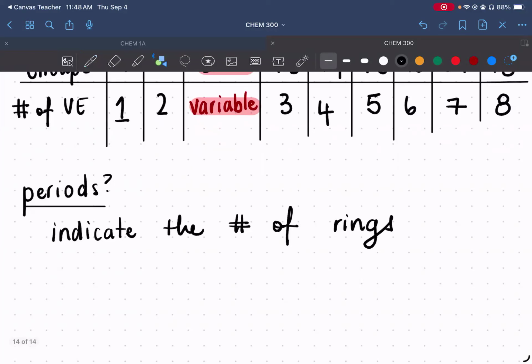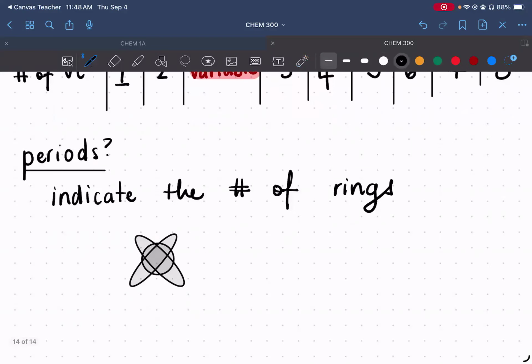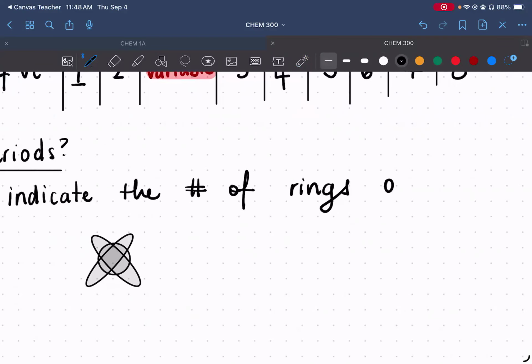We talked a little bit about how we can liken an atom to a planetary being where there's this nucleus, the planet, and there are rings surrounding the planet, orbiting around it. It is on these rings that the electrons are found. They're consistently circling around the planet. As we add more electrons, we add more rings. The period number tells us the number of rings to expect that orbit the nucleus.